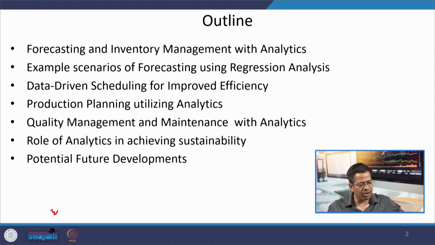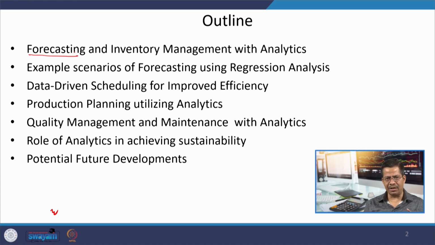So, we will be talking of forecasting and inventory management. Forecasting I consider the basic area of operations management. Most of our activities in operations management start only with forecast data.